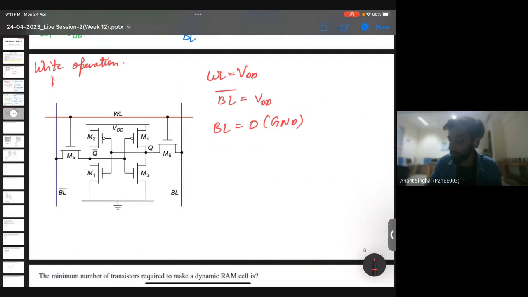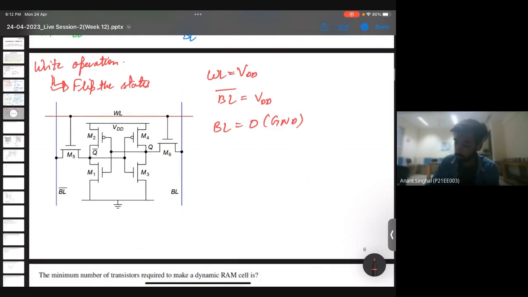Writing operation means we just flip the states, because we want to write certain states. So whatever state it is, it will flip to the next state. These are the basic components of a write operation.